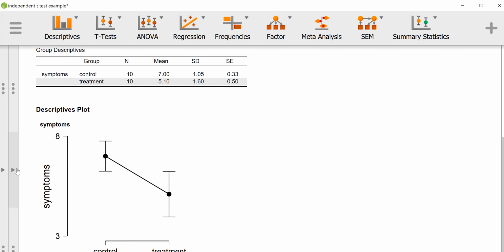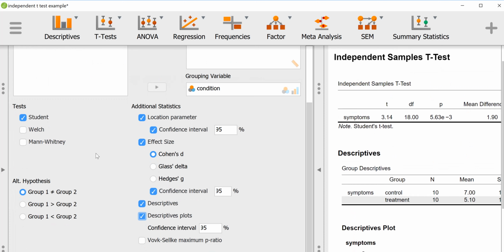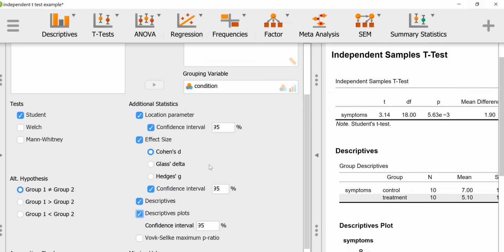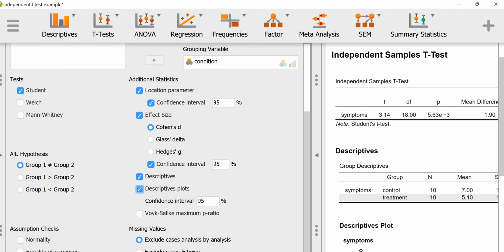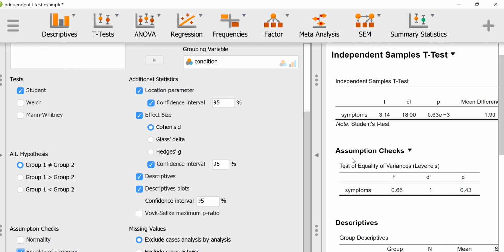One thing that we should also look at is, although the standard deviations are reasonably similar, they're not identical, but we should check the homogeneity of variance assumption. So to do that, we go to assumption checks and click on equality of variance. And that will do the Levene's test.